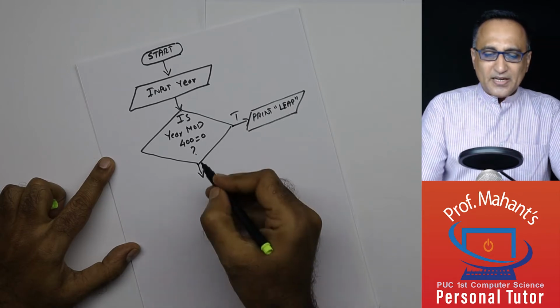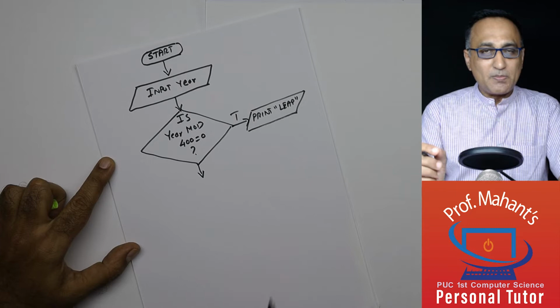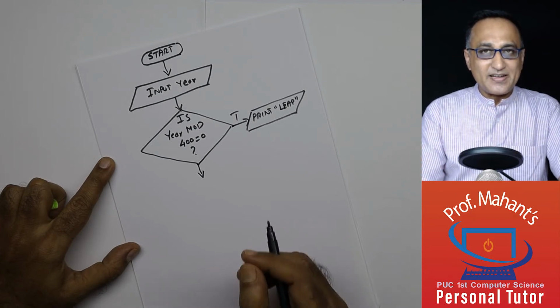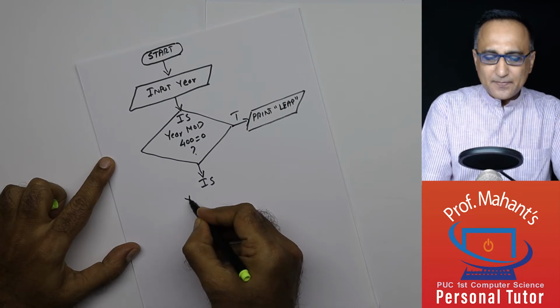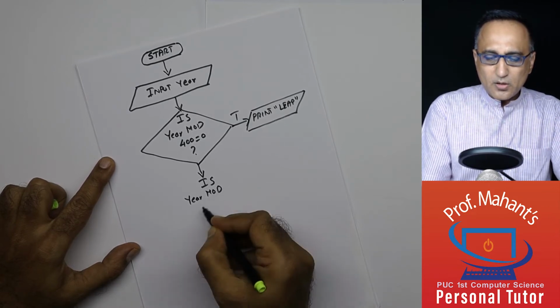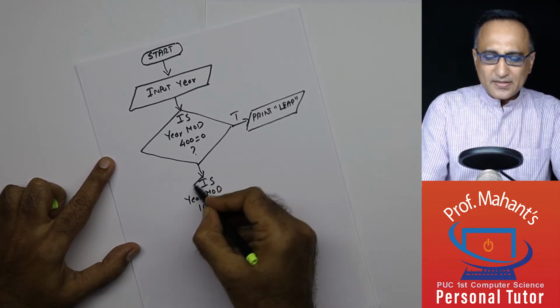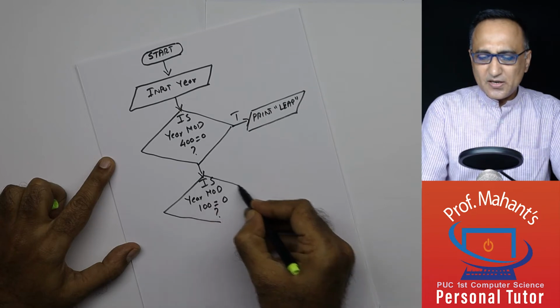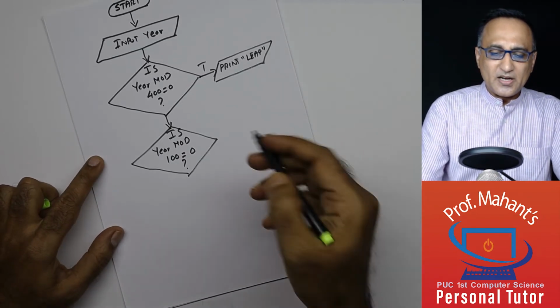Now, if it's a century year but not divisible by 400, years like 1700, 1800, then it's not a leap year. So I say year mod 100 is equal to 0. That means this is a century year, but it is not divisible by 400. It is divisible by only 100.